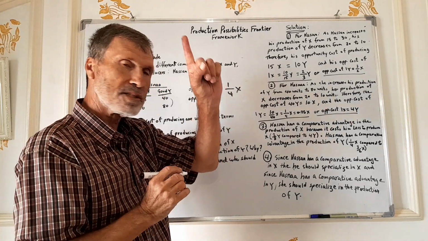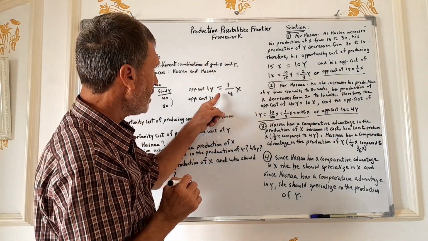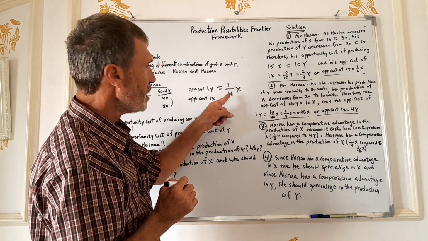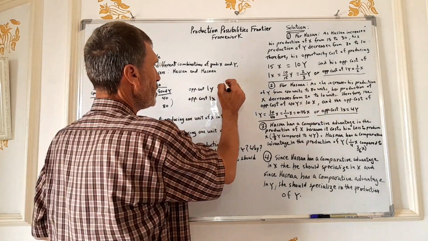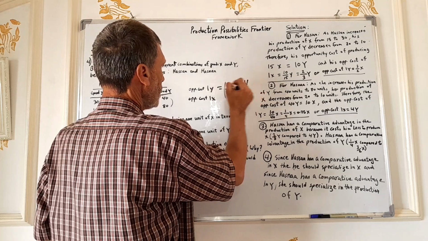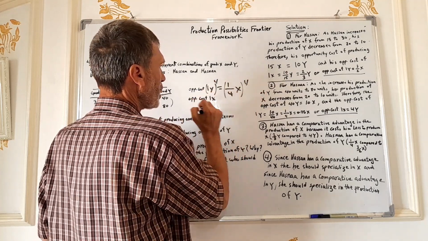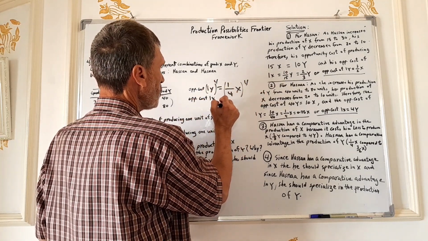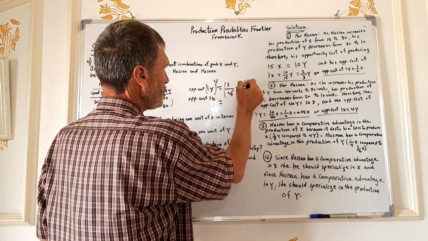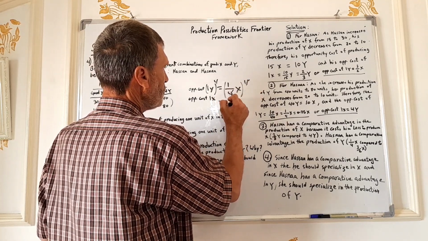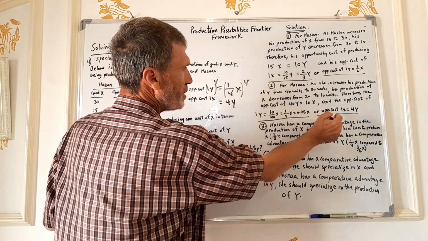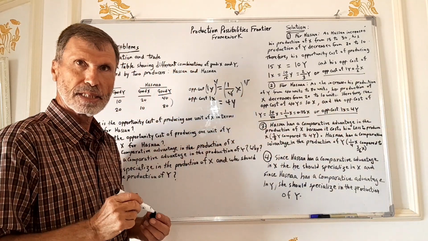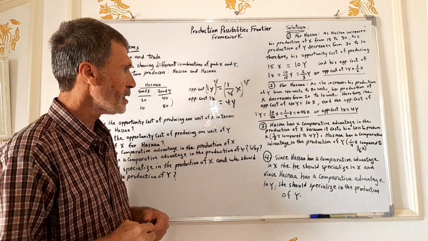I need 1X, so I multiply both sides by 4. Then we get 1X equal to 4Y. And this is what I did over here. This is how you do it mathematically.